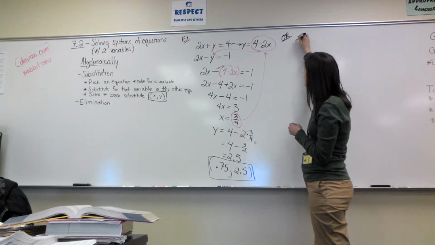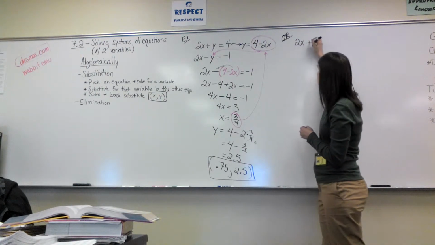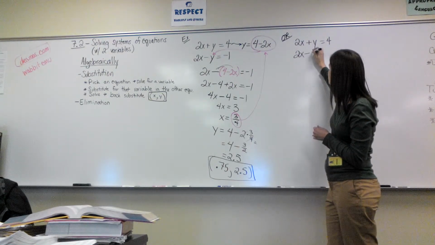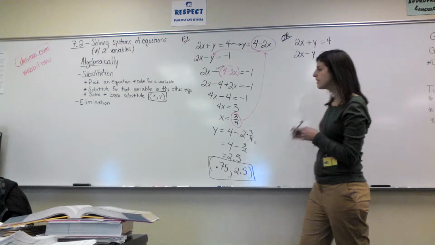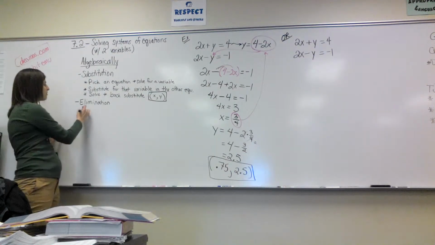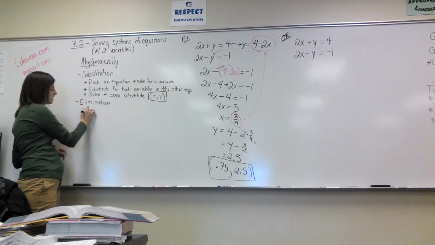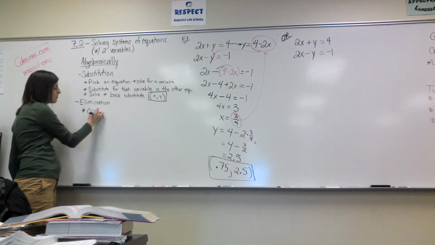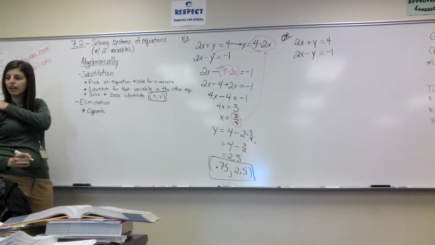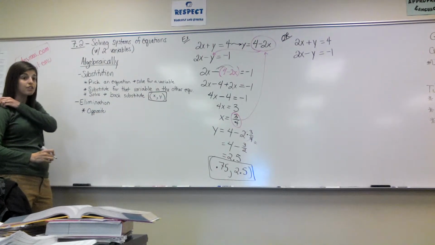Okay, so if you have, I'm going to rewrite the system. 2x plus y equals 4, and 2x minus y equals -1. For elimination, you want to get opposite numbers in front of one of the types of variables. When I say opposite numbers, can anyone give me an example of opposite numbers? 2 and -2, yeah.